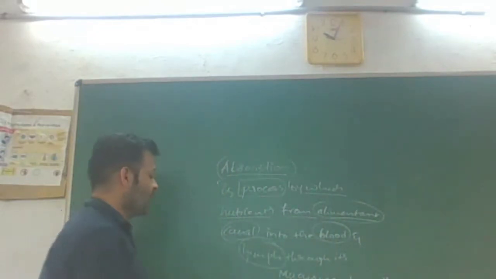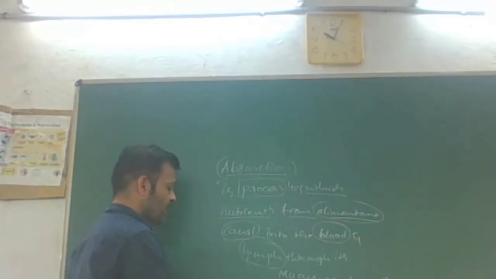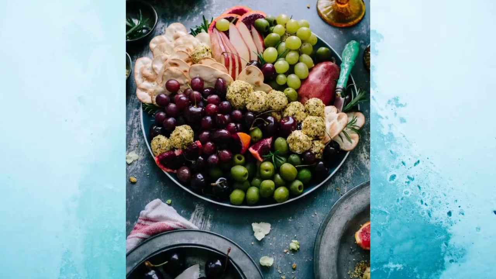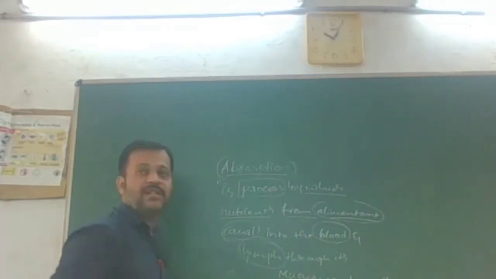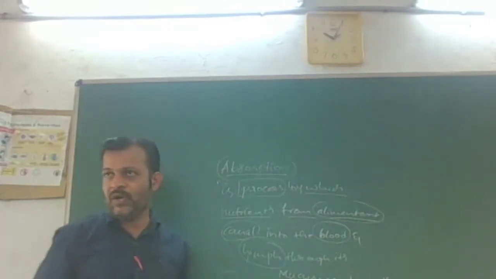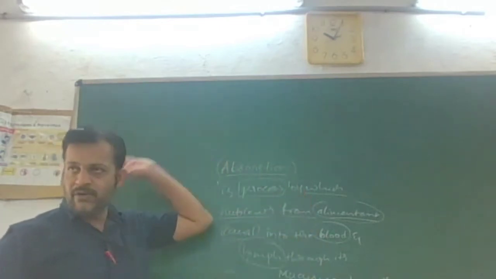Digestion is a mechanical and also a chemical process. After digestion, the next major step is absorption. Here the digested food material enters into the blood vessels or lymph vessels. That is called absorption. Okay, you have to remember this definition.